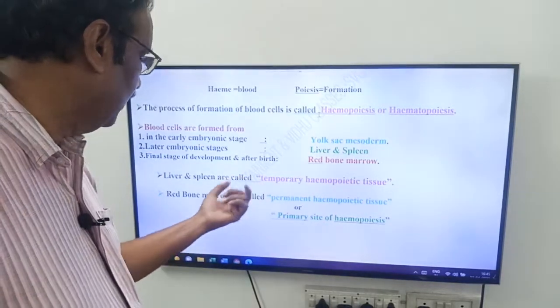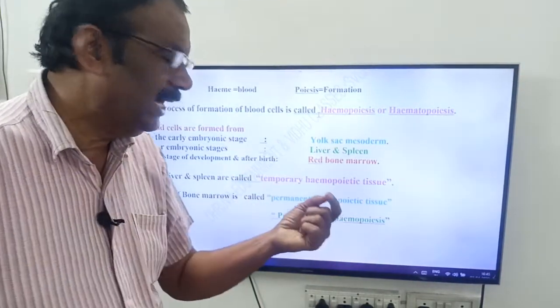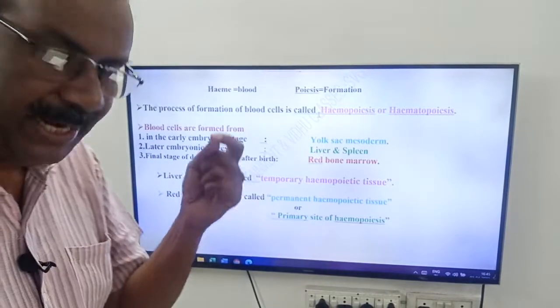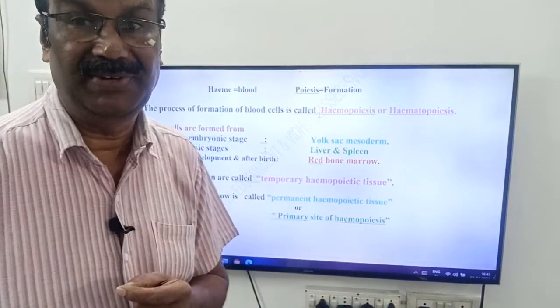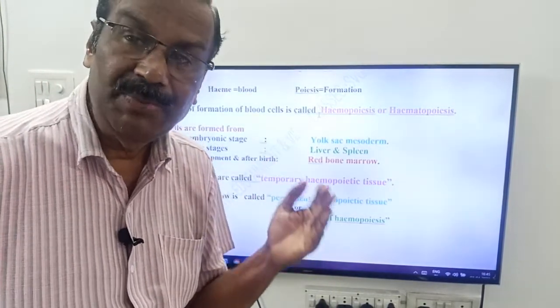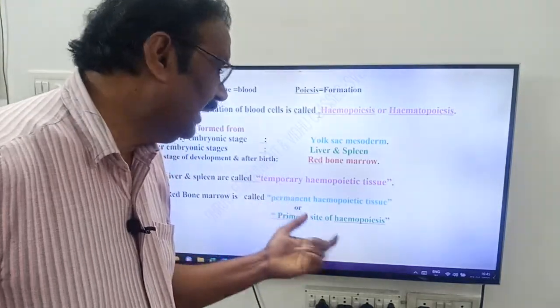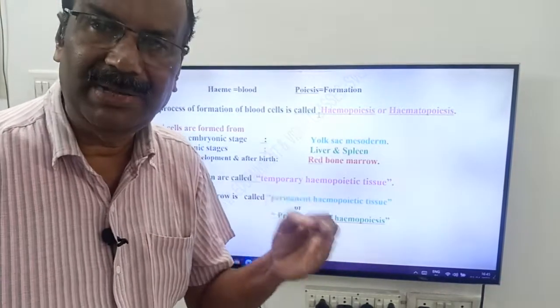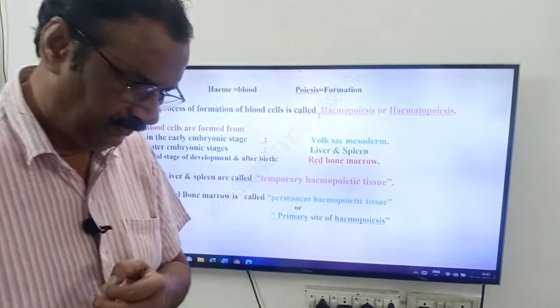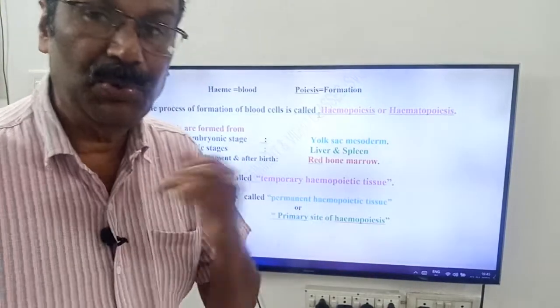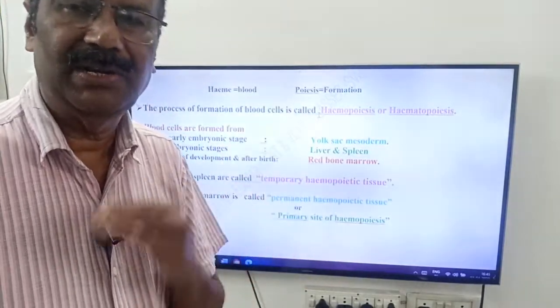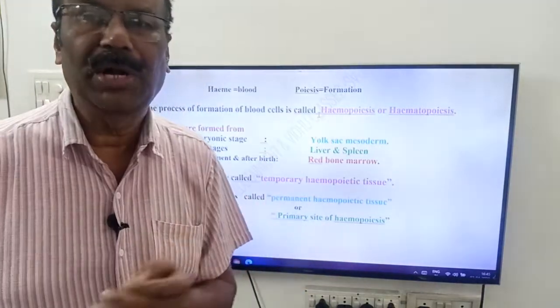Red bone marrow is called permanent hemopoietic tissue or primary site of hemopoiesis, whereas liver and spleen are called temporary hemopoietic tissue.